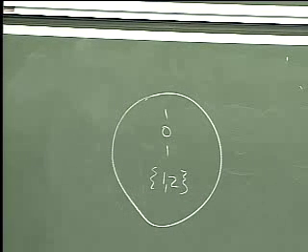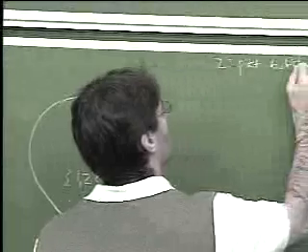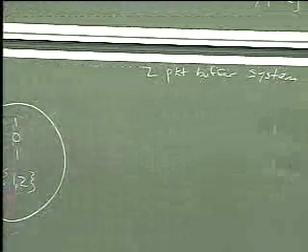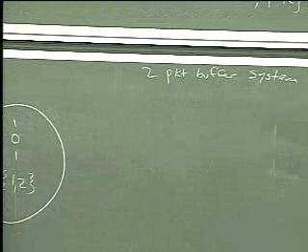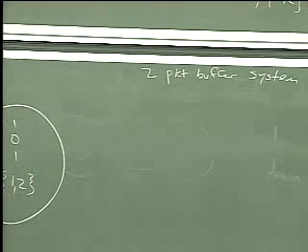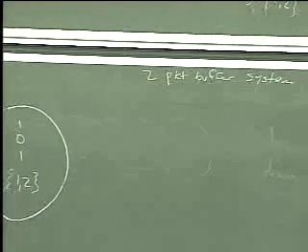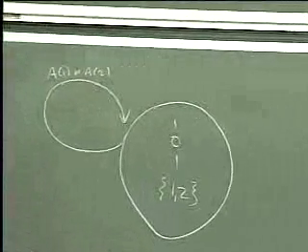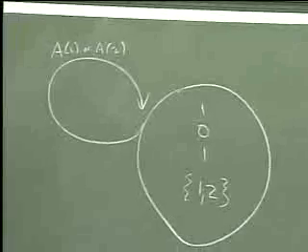Let's assume it's a 2-packet buffer system. I can only store 2 packets. So if a packet arrives from flow 1 or flow 2, that packet will be dropped because the buffer is already full. Okay?